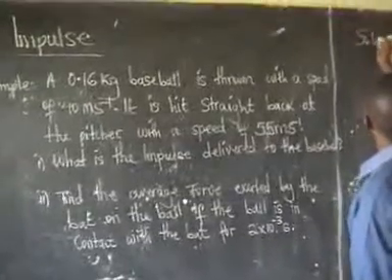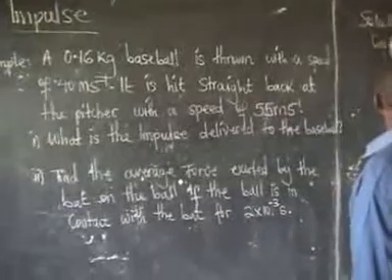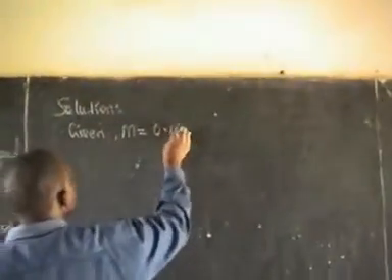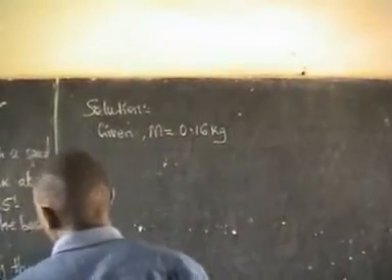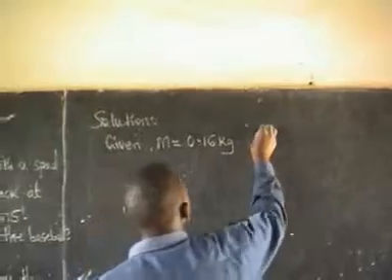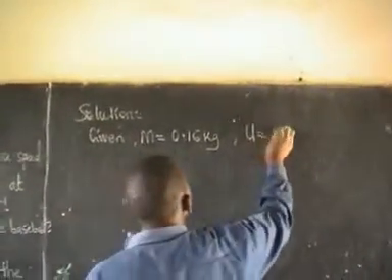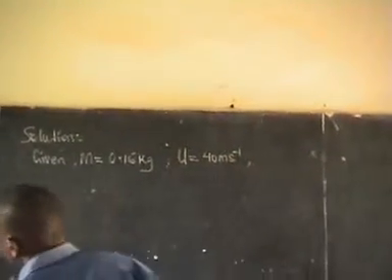Solution, we are given the mass is 0.16 kilograms. The speed, maybe I can call it u, is equal to 40 meters per second.